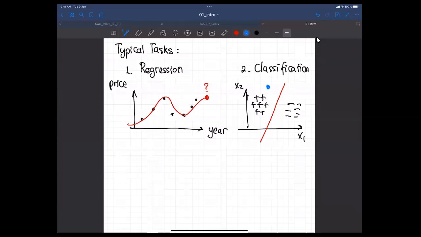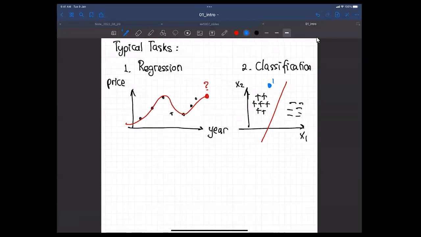But after you see that data in this space, you will be able to assess that obviously this one is positive data. It should be labeled as positive in the testing stage.